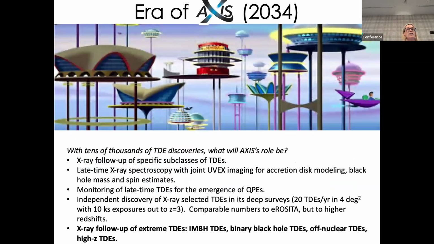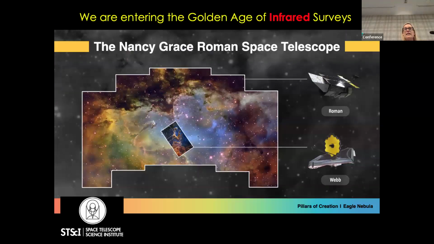Okay. Another thing you could do with AXIS is follow up extreme TDEs. These are TDEs around intermediate mass black holes, perhaps binary supermassive black holes, off-nuclear supermassive black holes or black holes at very high redshifts. And indeed, we're entering a golden age of infrared surveys with the launch of Webb already producing fantastic results in the near-infrared and mid-infrared, and then with the upcoming Roman wide field survey in the near-infrared.